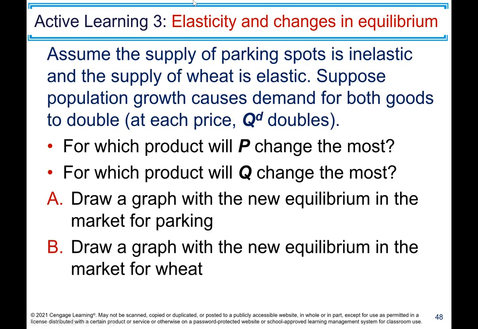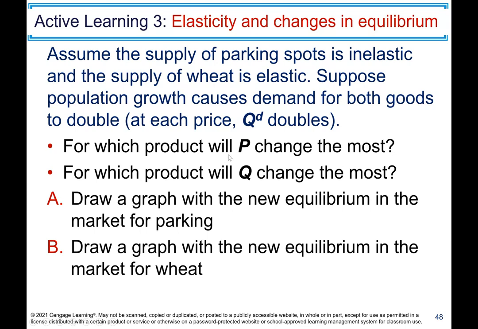Active learning 3. Elasticity and changes in equilibrium. Assume the supply of parking spots is inelastic and the supply of wheat is elastic. Suppose population growth causes demand for both goods to double at each price as quantity demanded doubles.